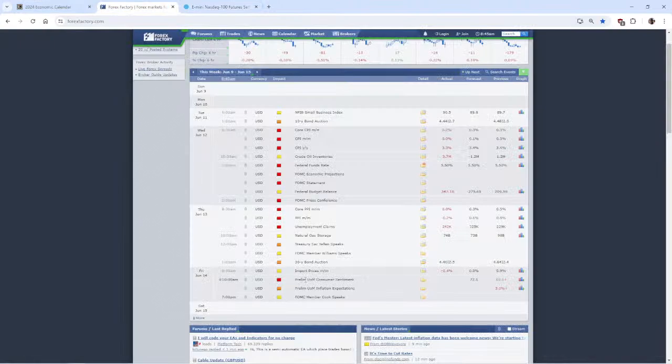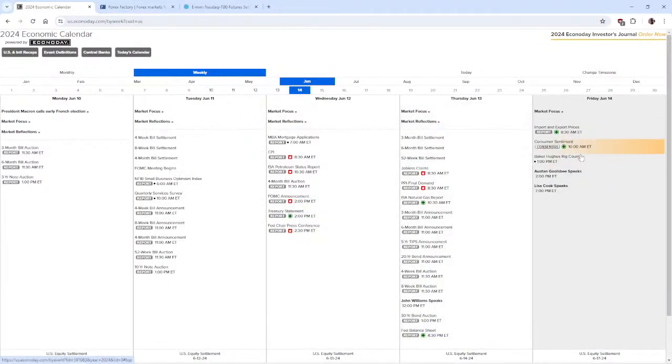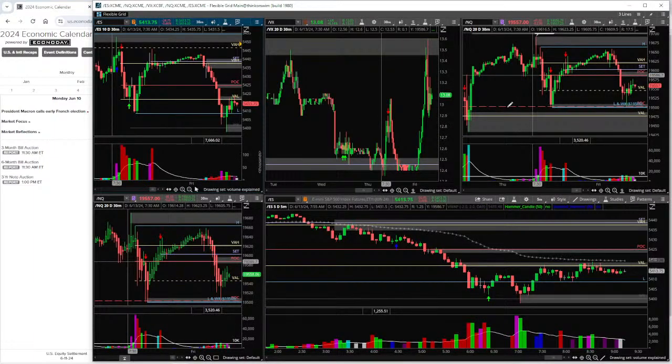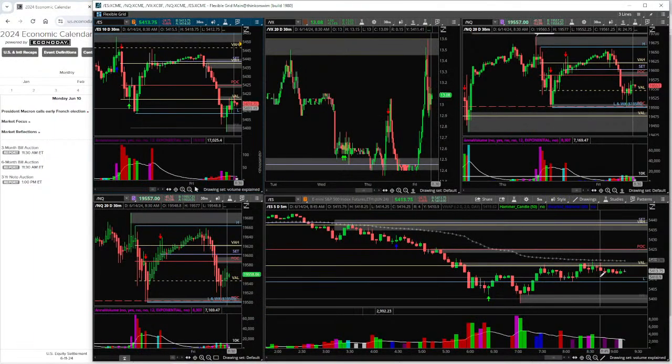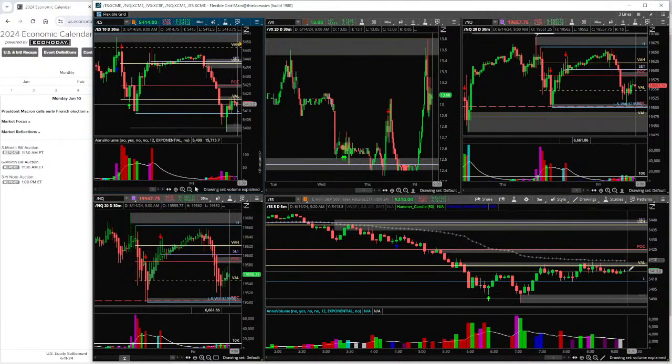We have consumer sentiment, which is at 10 a.m., and the 8:30 news didn't even move the market. Here it doesn't show that it's important, but I believe it's important for us to focus on consumer sentiment. Was the 8:30 candles? So yeah, 8:30 didn't do anything. So we'll see how price really reacts.